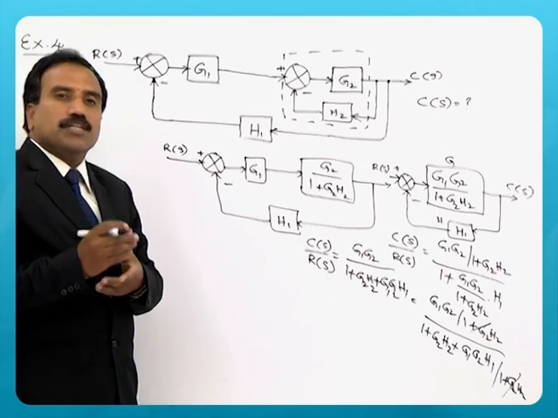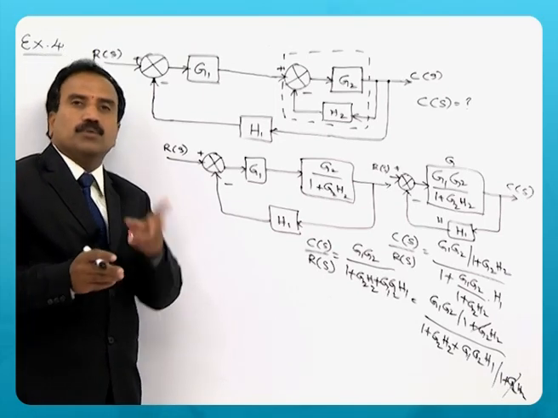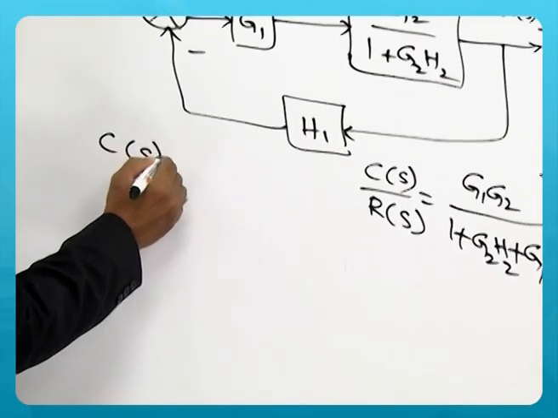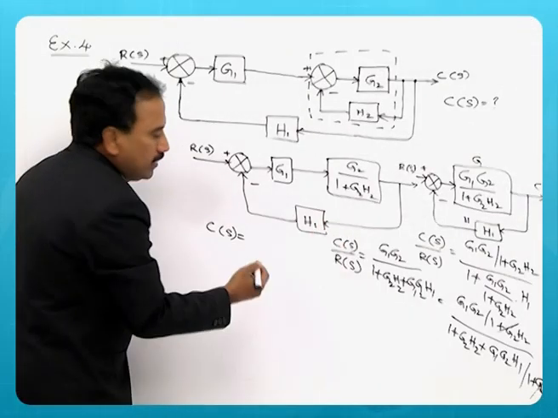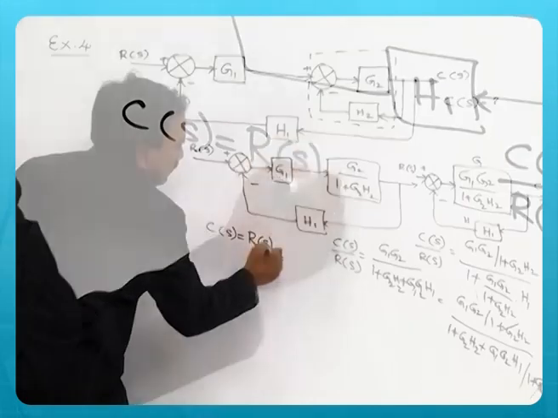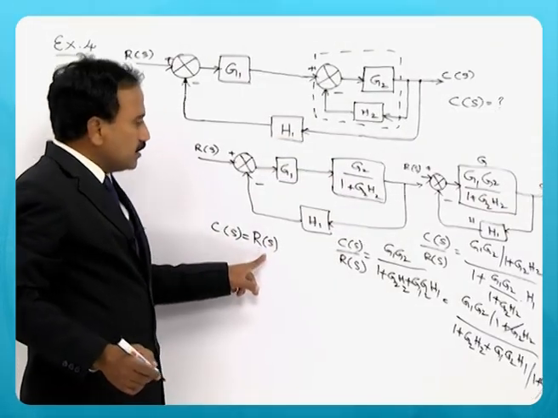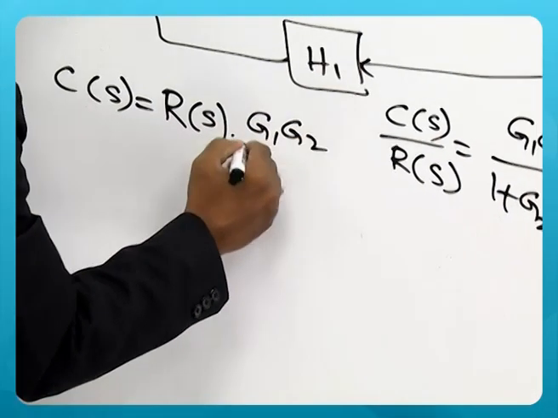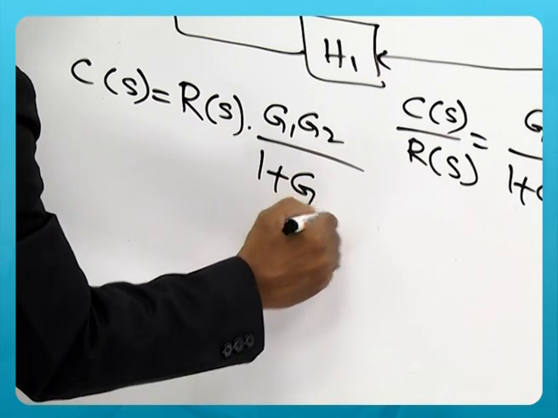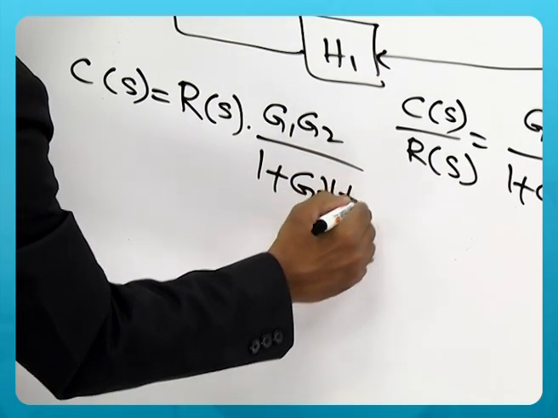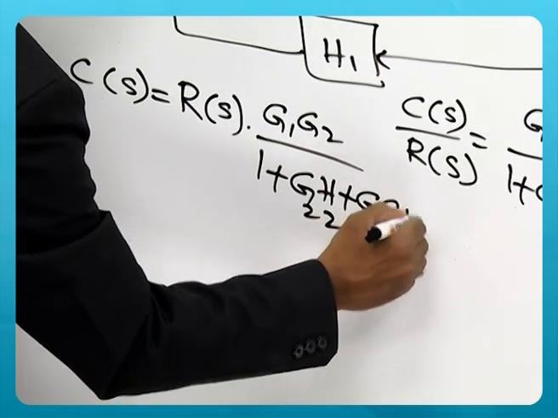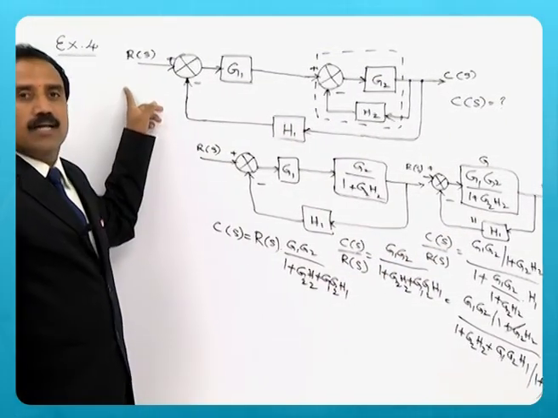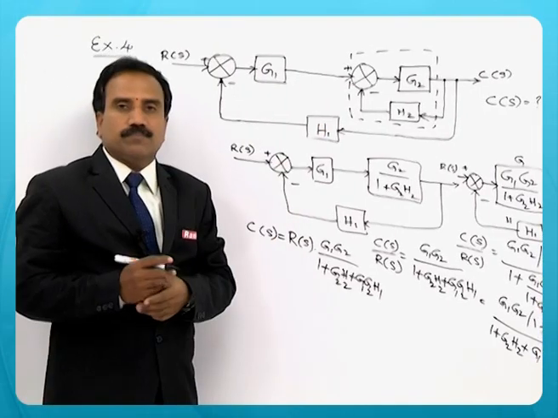But the question is, what is the response due to two inputs? So I can write this as a response C of S, taking R of S to the other side, so this is the response for this input, R of S multiplied by G1 G2 by 1 plus G2 H2 plus G1 G2 H1. So this is the response when R of S is acting alone in the system.